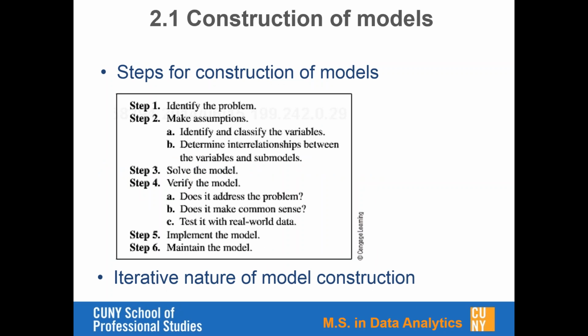This is relatively speaking straightforward, but I still want to give you a more concrete explanation here. You need to identify the problem, you need to make assumptions. Identify and classify the variables, determine the interrelationship between the variables and submodels.